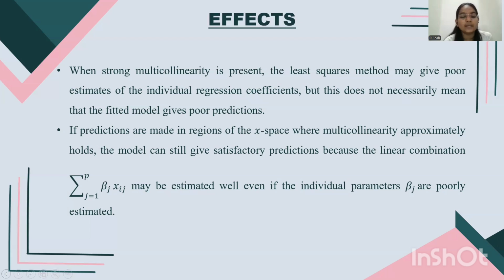If predictions are made in the region of the X space where multicollinearity approximately holds, the regression can still give satisfactory predictions, because the linear combination summation j running from 1 to p of beta j xij may be estimated well even if the individual parameters beta j are poorly estimated. Here you can see the explanation: beta j cap is poorly estimated, but this linear combination is estimated well.